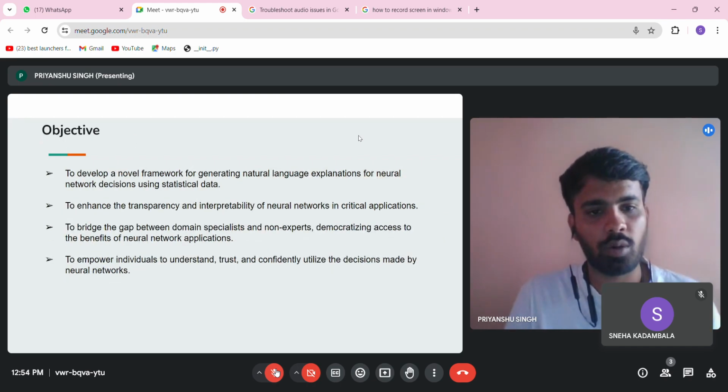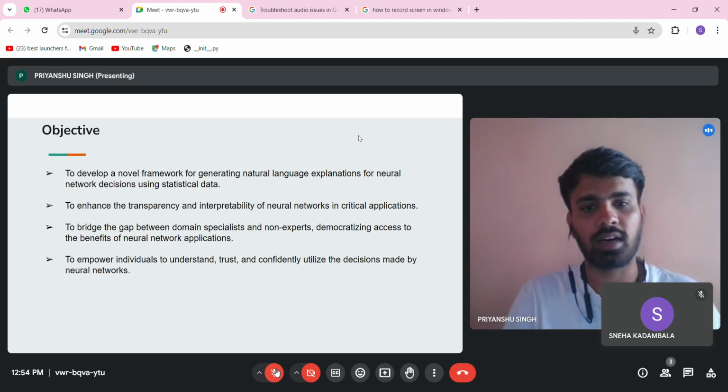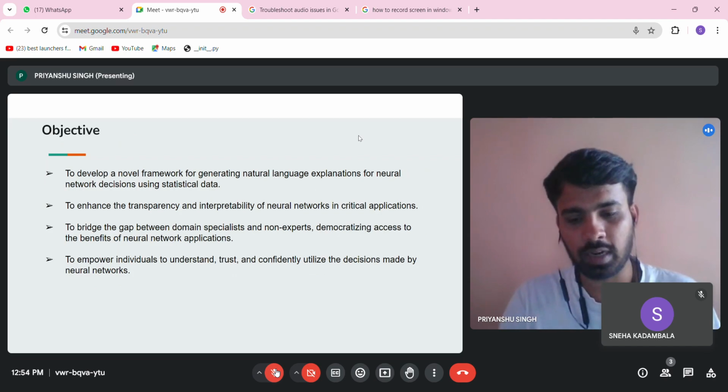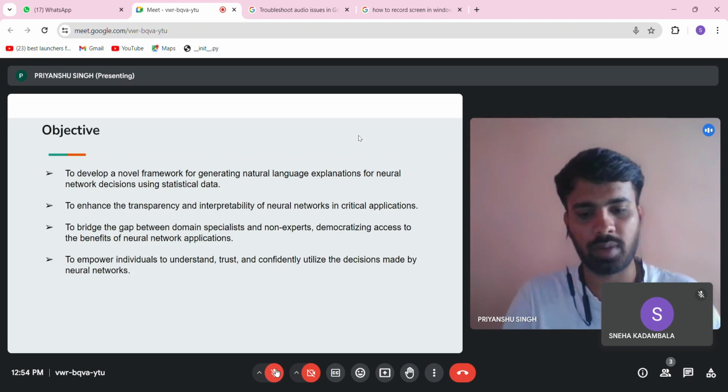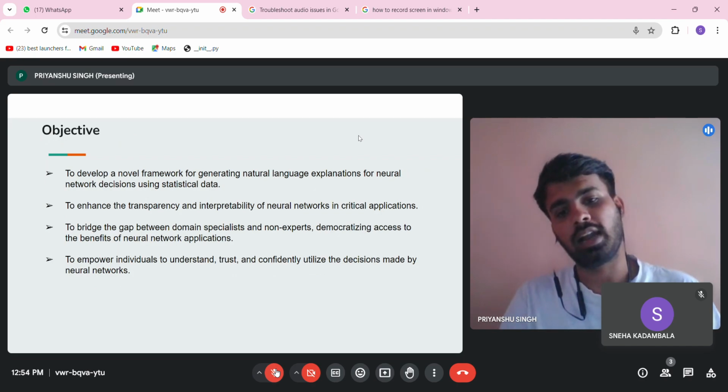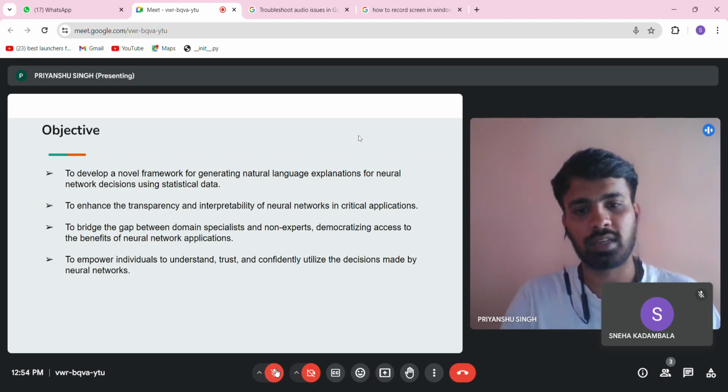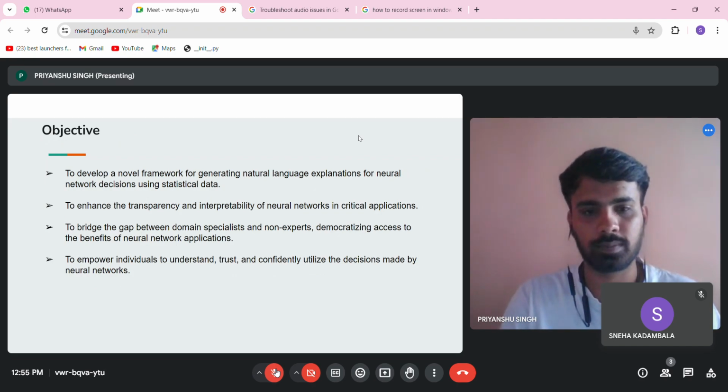The main objective is to ease and automate the whole process, where it will predict in human readable language so the user can easily interpret what parameters the ML model is considering, and it increases the transparency between the users and the model.